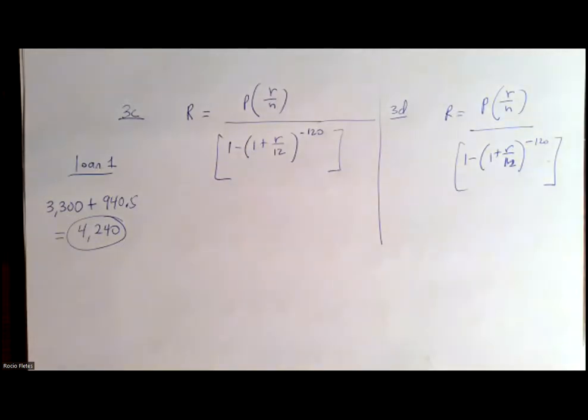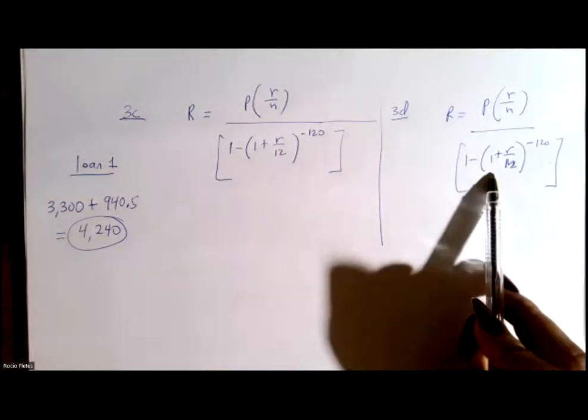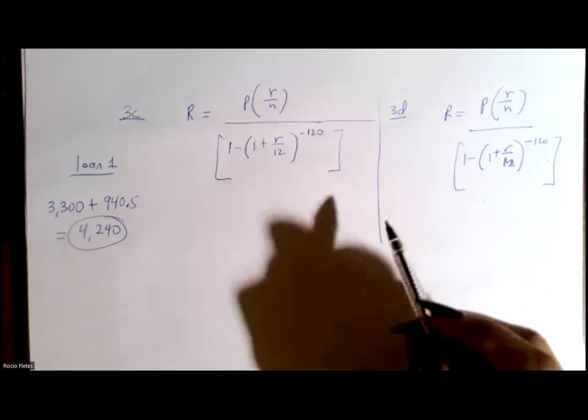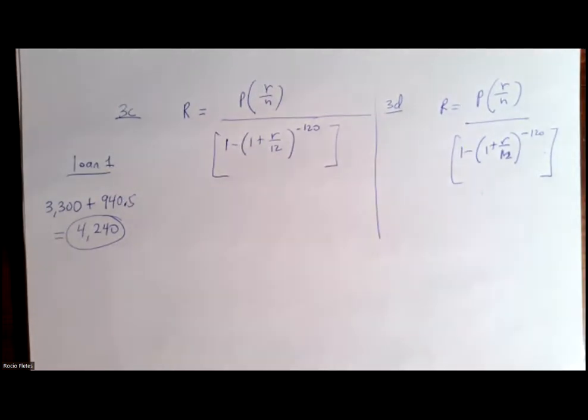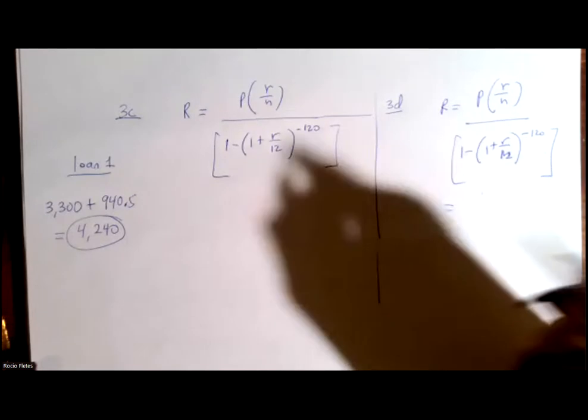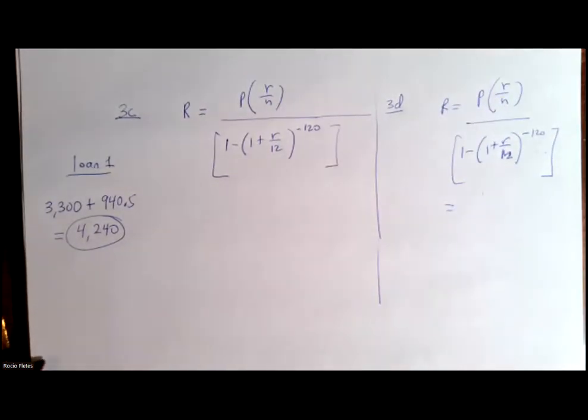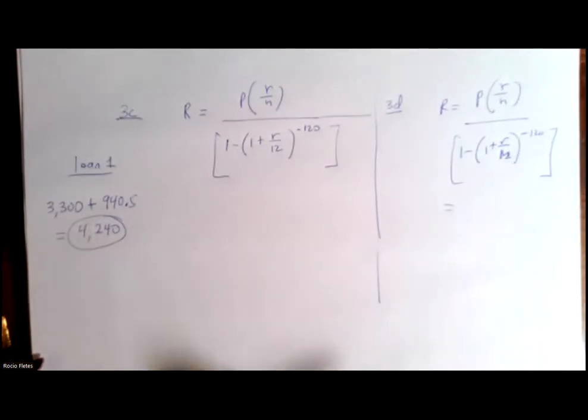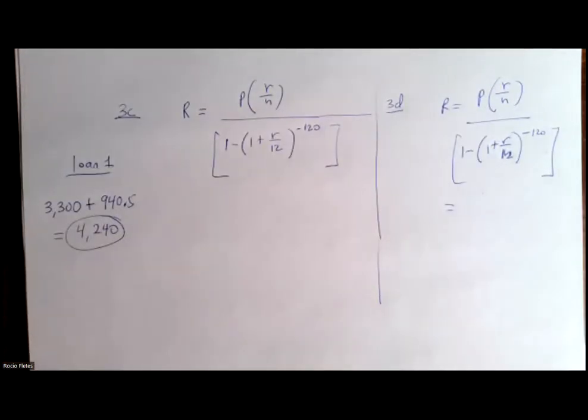Okay, so for the principal, you have to add the interest. For the second loan, you do the same thing. Remember the interest was 2,445.90, right?